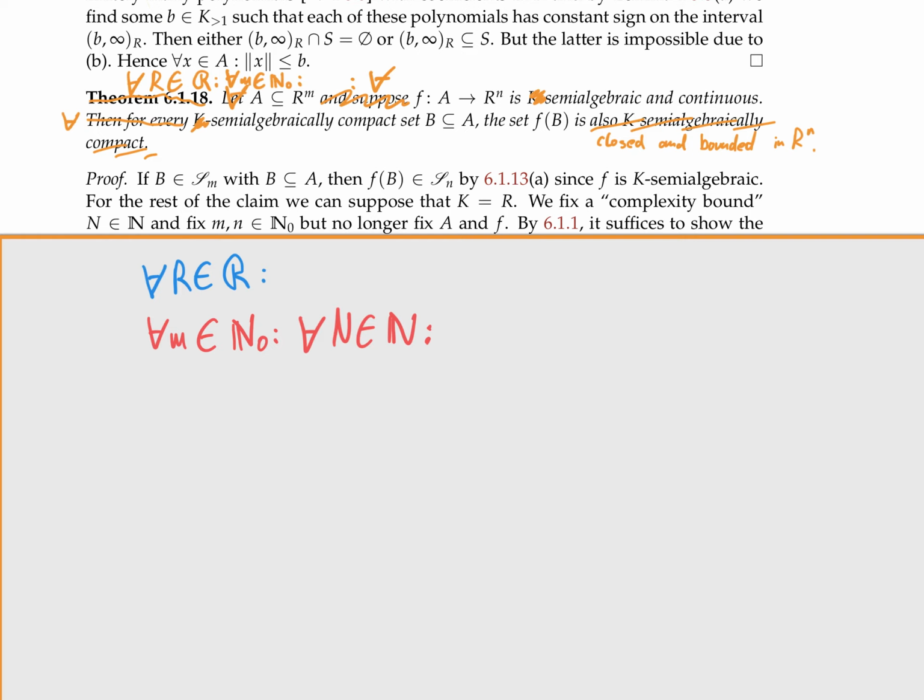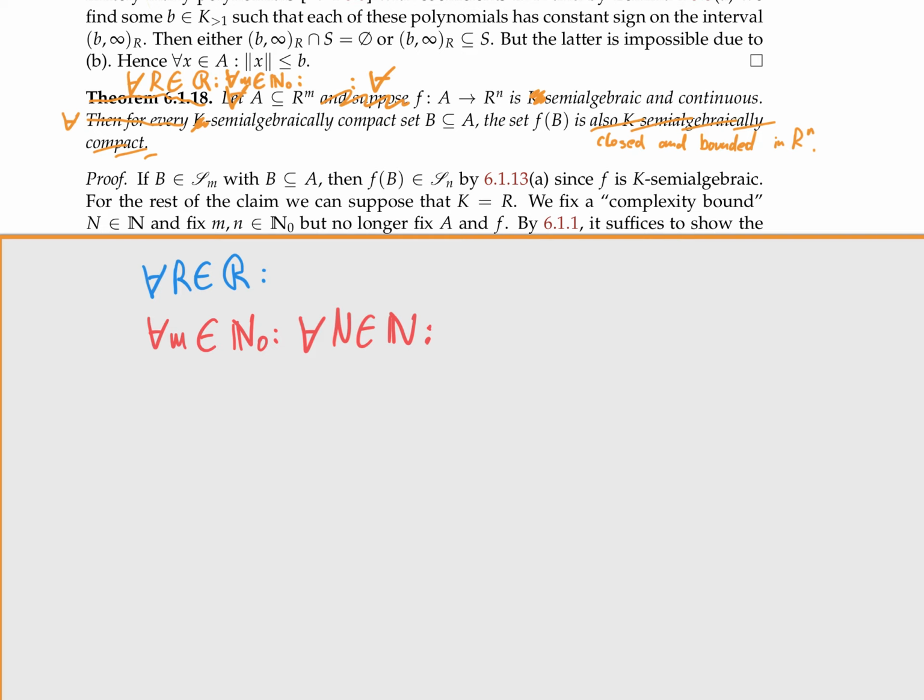We will see in a minute. And all are of degree at most N, right? And the semi-algebraic function is somehow defined by these polynomials, and we will see this in a minute.